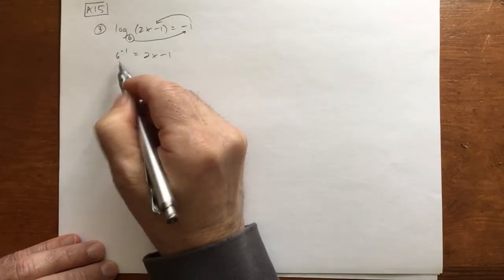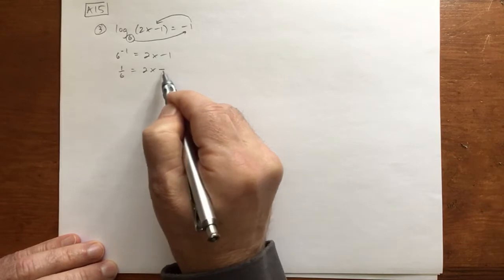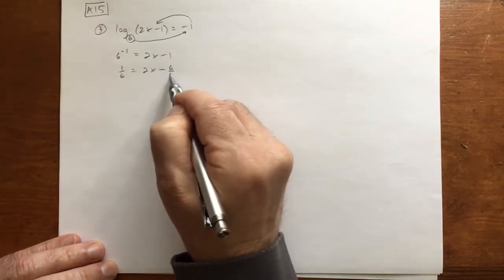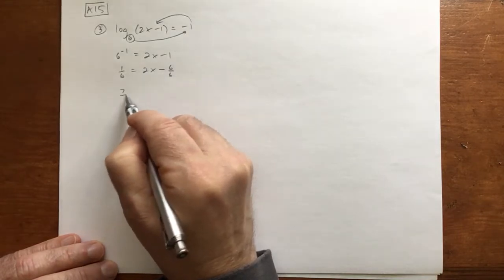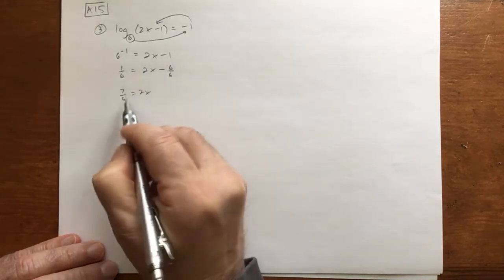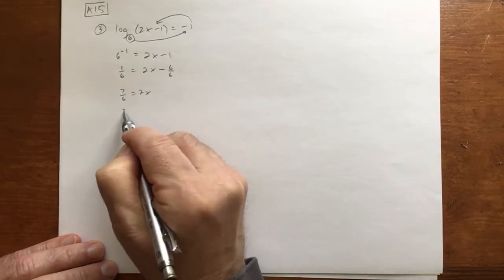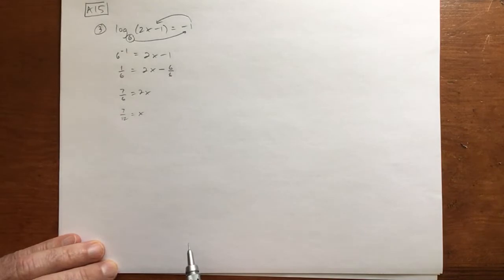Okay, and so this is 1/6. And I know I'm about to add this to the side, so I'm going to change 1 to 6 over 6. So I'll add 6 over 6, and I get 7 over 6 equals 2x. I divide by 2, which is going to double this denominator. And I get x equals 7/12.